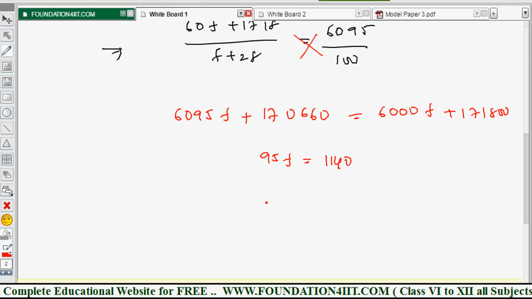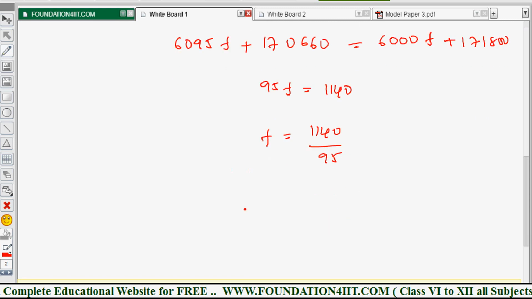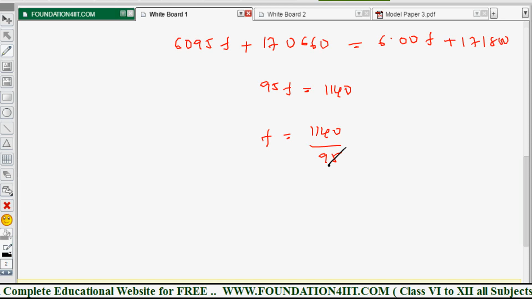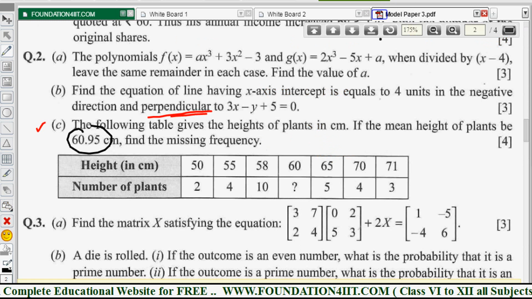Just do subtractions to one side. Then f is equal to 1140 by 95. Cancel using the table of 95: 95 times 12 is 1140. Then f is equal to 12. So the f value we got is 12. Then the missing frequency is 12 in this case.